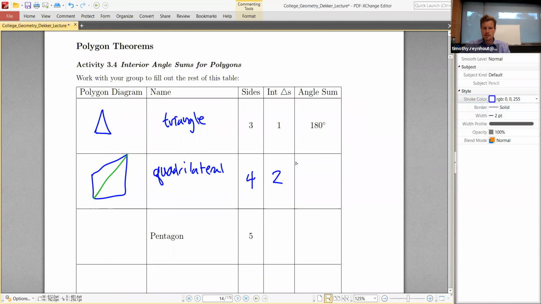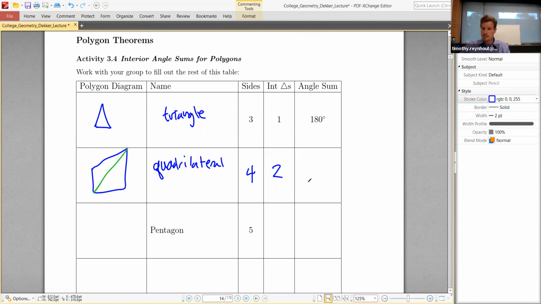With that, we can use these triangles to find the sum of the interior angles. So if we wanted to find the sum of the 1, 2, 3, 4 angles of the quadrilateral, that would be finding the same thing as finding the sum of the 1, 2, 3, this half angle, 4, that half angle, 5, 6 angles of the 2 triangles, right? So if we add up those 6 angles, we would get the sum of the 4 angles from the single quadrilateral. But of course, we know that the sum of the angles in a triangle is 180 degrees.